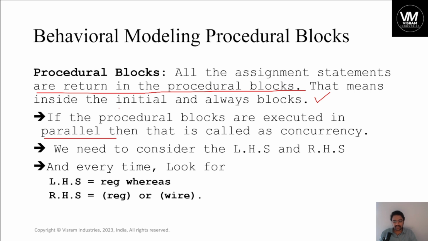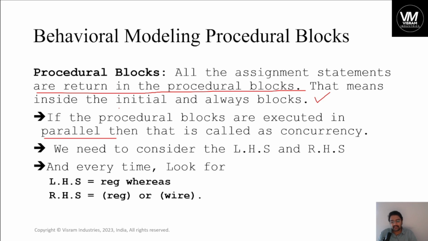For example, inside an 8 by 1 multiplexer, you can design it with 4 by 1 and 2 by 1. All these modules should be in one single Verilog HDL file. Then all these modules should be executed parallelly.